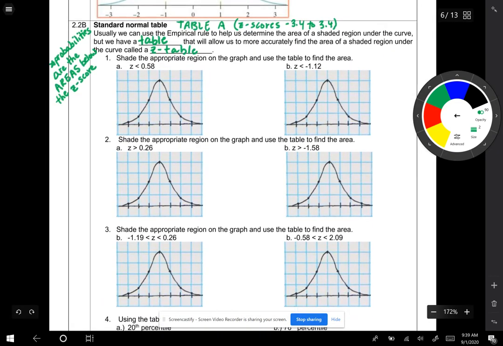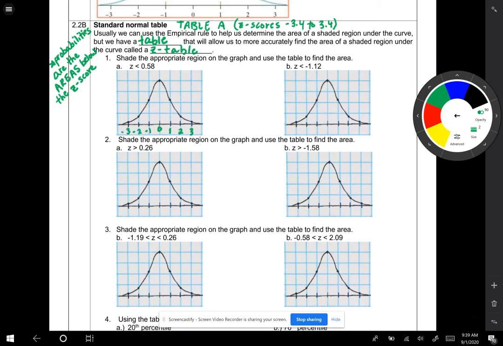Going back to our examples, and there's several, just so you have some examples: shade the appropriate region on the graph and use the table to find the area. The first one is z is less than 0.58. Let's label these diagrams first of all. We're going to do 0, 1, 2, 3, -1, -2, -3 for all of these.